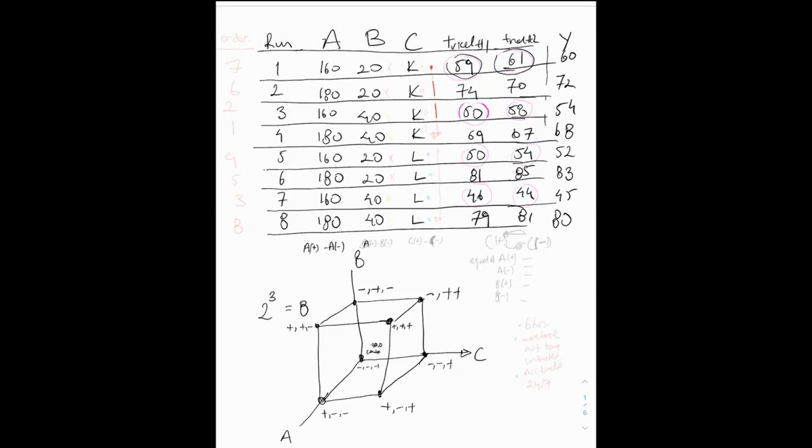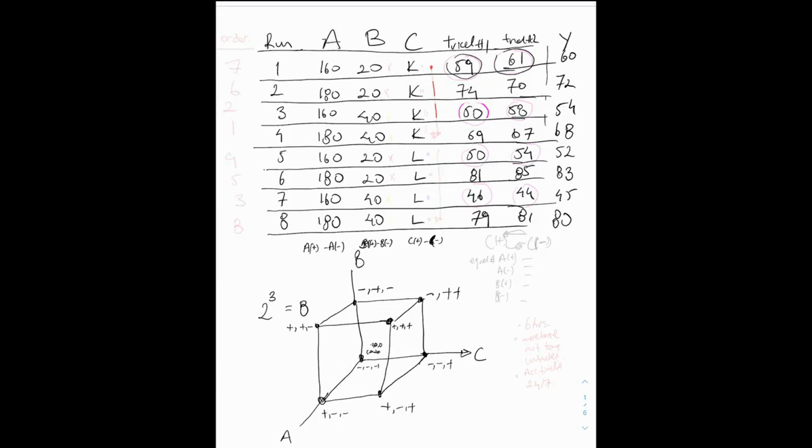Similarly, for B, I do B plus minus B minus, and for C, when C is plus, minus when C is minus. And this is a structured table in the sense that let's look at the cases when C is minus, or C is plus, it doesn't matter.